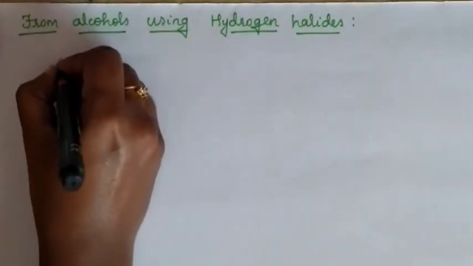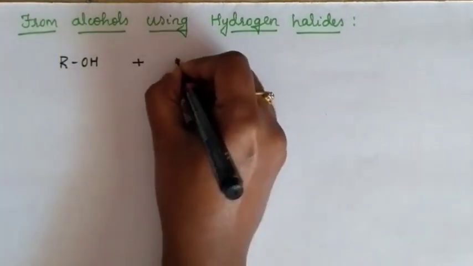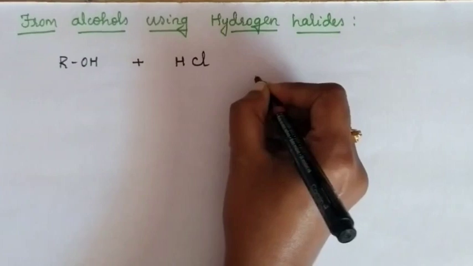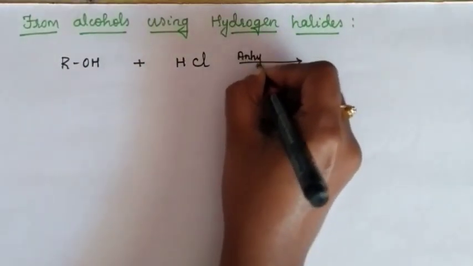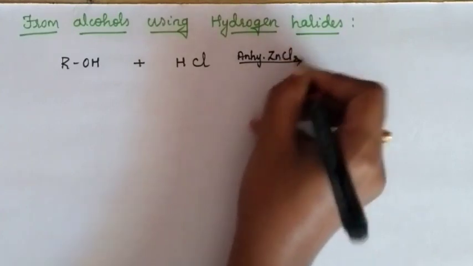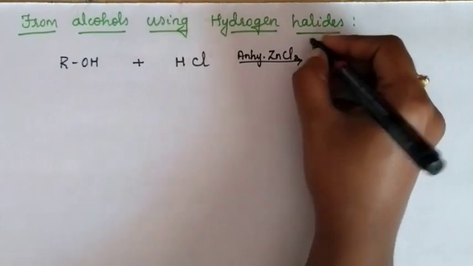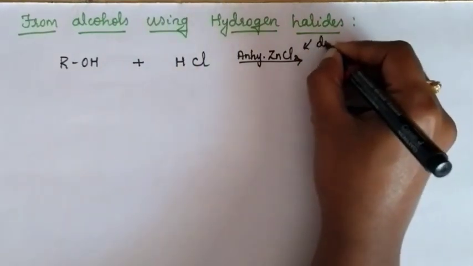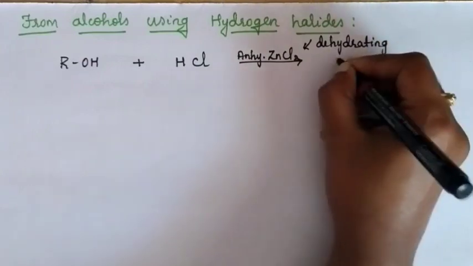When you treat alcohol with concentrated HCl in the presence of anhydrous ZnCl2. Anhydrous means there is no moisture content. Zinc chloride here is acting as a dehydrating agent. What do you mean by dehydrating agent?